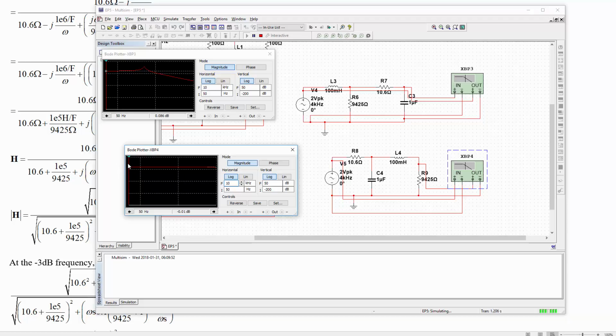Okay, so going from 10 to 50, things are working out a little bit differently. And in this direction, actually, it looks like the 3 dB frequency is around 10K.